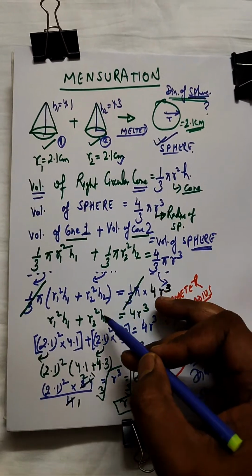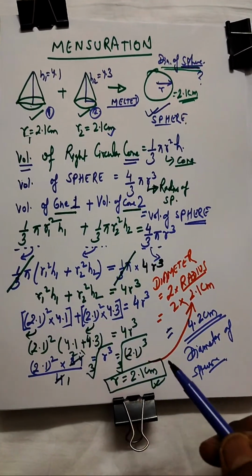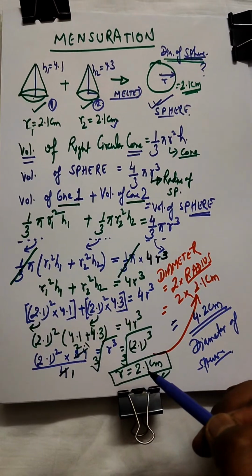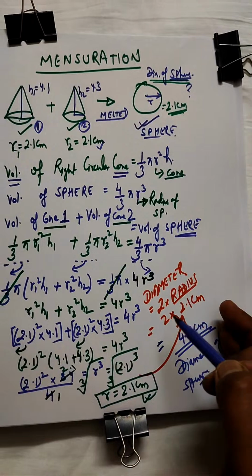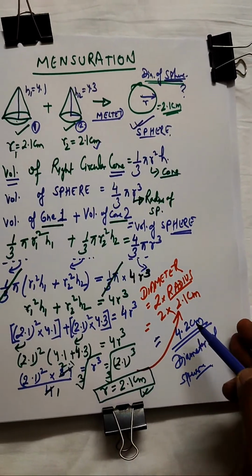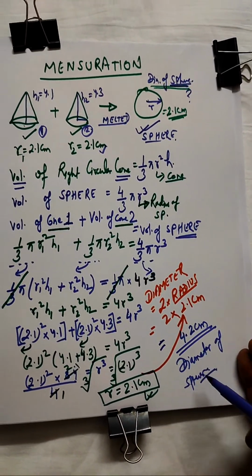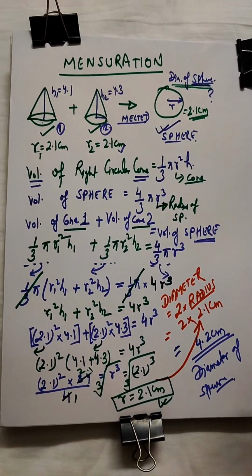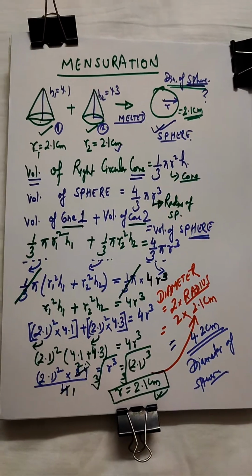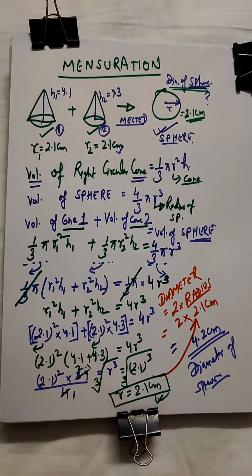Just put in the values and calculate, and we get R as 2.1, right? And when we multiply this 2.1 by 2, we get 4.2, which is the actual diameter of the given sphere, right? So I hope you all are able to solve such questions, right?